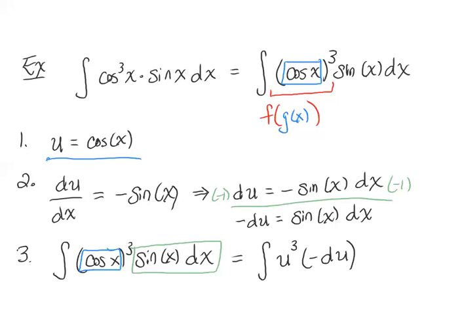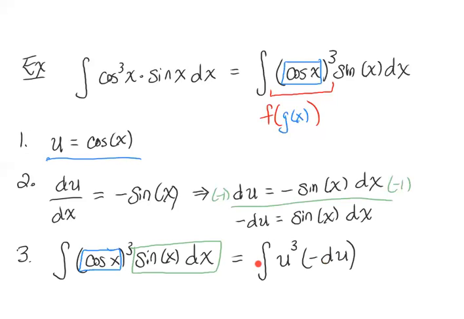I can look at that and make sure that all of the x's are gone from my integrand. It looks like I have substituted u's for them all. Now can I integrate? Well, this portion of the function is something that I have a rule for. This negative sign I can just pretend is a -1 multiplied by the du, so I can move a constant out front of the function.